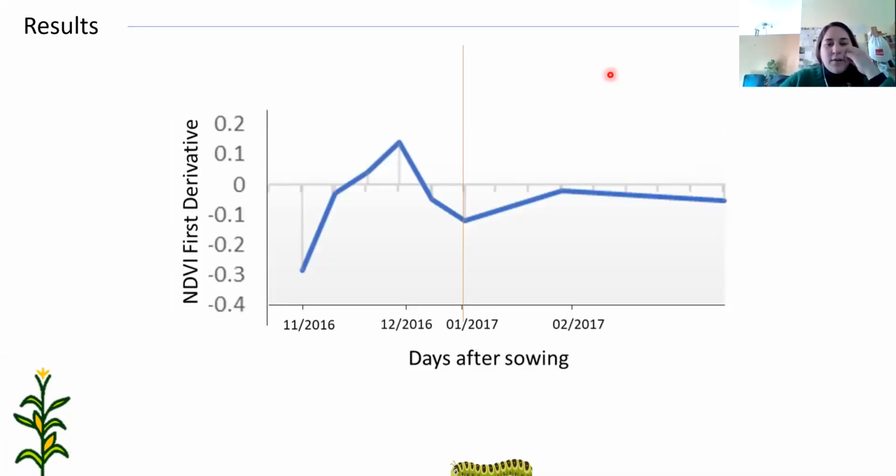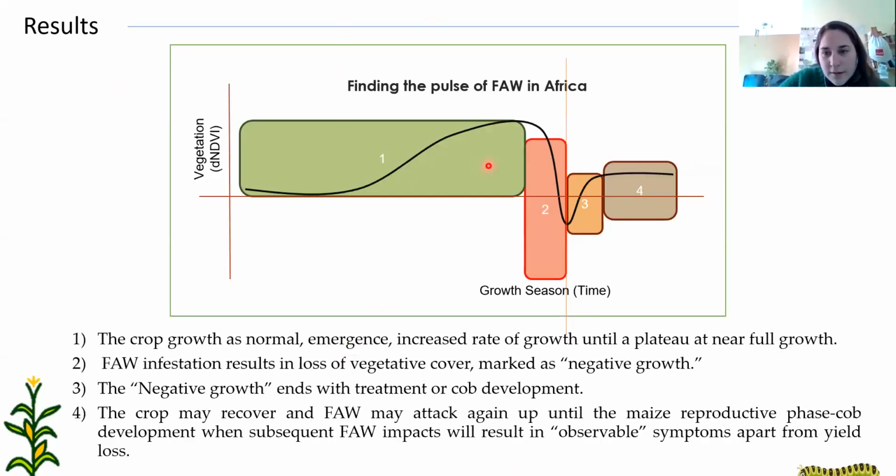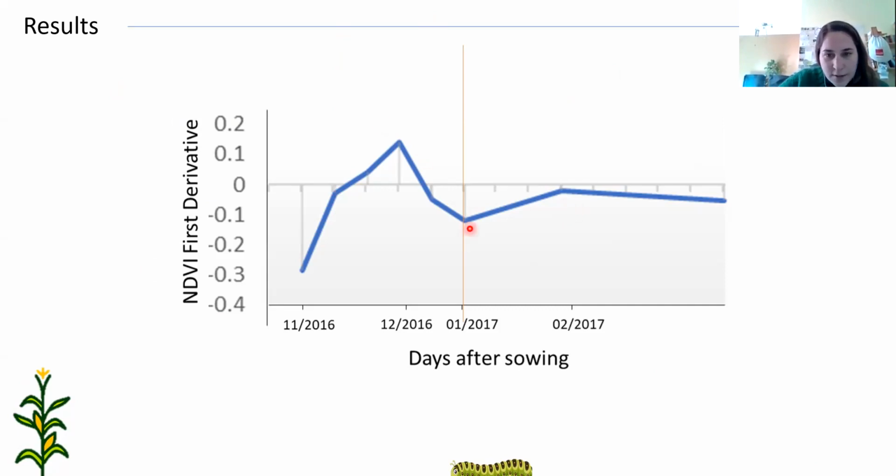Here we have one of the preliminary results that we did in Google Earth Engine, and we have a vegetation curve of one of the fields that was infested with fall armyworm, and we find this pattern, like in this one, the same one here, and this is the minimum first derivative.